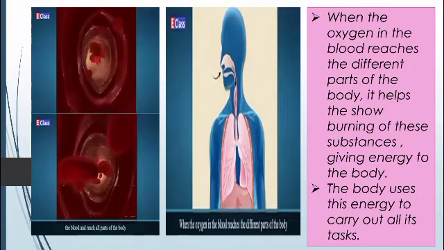You know, when you want to run a vehicle, you might have seen that a vehicle runs on petrol, LPG, or diesel. When these fuels are not there, the vehicle is not going to run. In the same way, your body requires the fuel of food, and that reaches different parts of the body, providing you energy to do all the work.